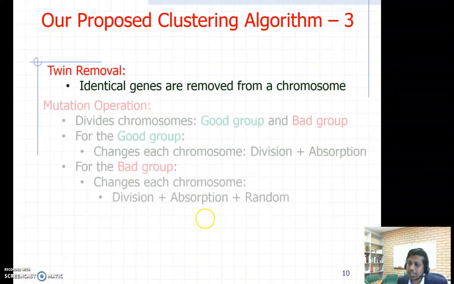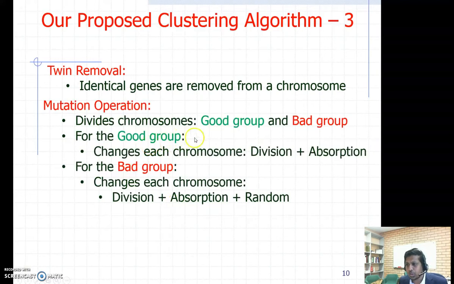Now we extend a similar kind of approach to the mutation operation as well. We again find a good group of chromosomes and a relatively not so good group of chromosomes, and then we do some sort of division and absorption, where we divide any sparse cluster into two different clusters by using k-means with k equals 2, and for absorption, when we find two clusters very close to each other, we combine them.